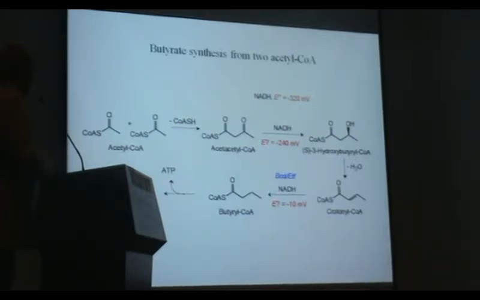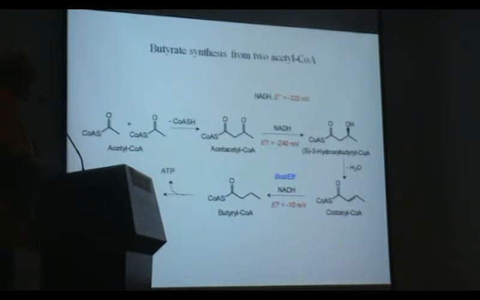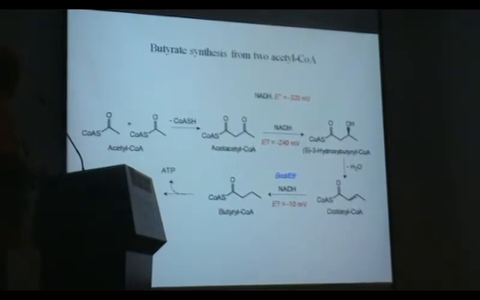This question mark is an error of the projection. But here, between minus 320 millivolts and this reaction, we have a difference of about minus 300 millivolts, which could be used in energy conservation. And already Fritz Lipmann, pioneer in biochemistry, suggested that there could be an energy conservation, but nobody had an idea how this could be.